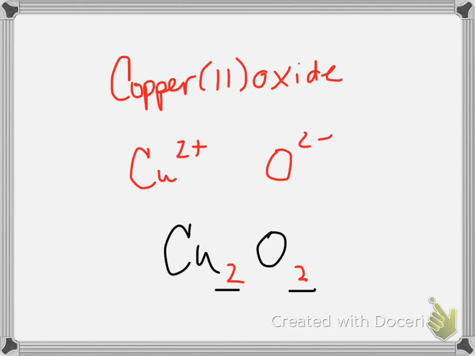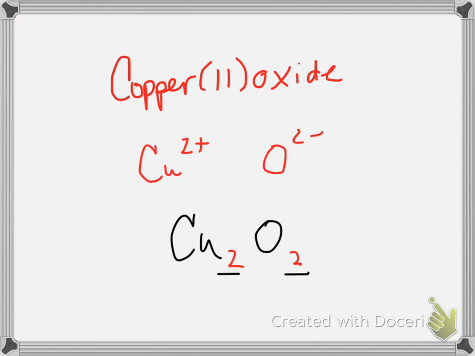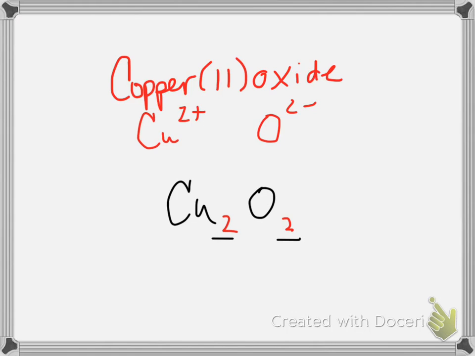We get 2 and 2. Is that our formula? Are we done? We have to simplify. So that's going to be CuO, because we can simplify that. That 2 to 2 is the same as a 1 to 1 ratio.